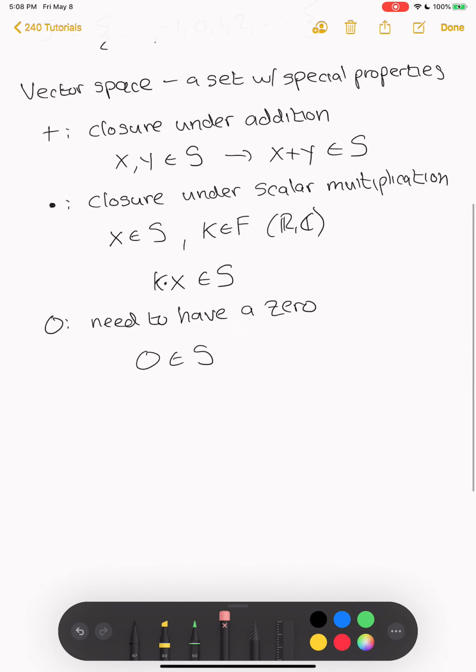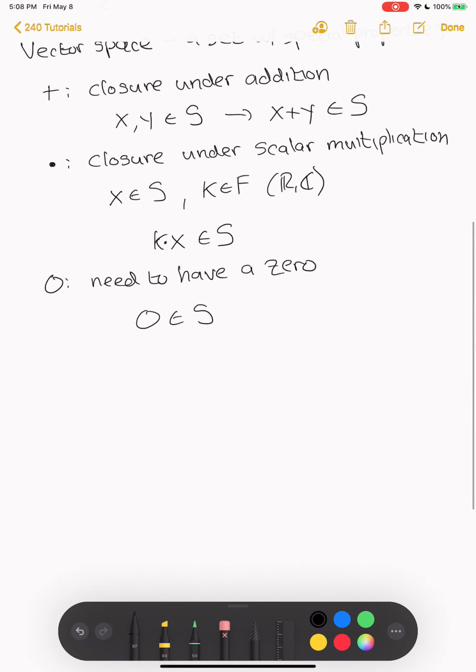Okay, so we have these special properties here, just as some examples of vector spaces. We have the real numbers. So the number line, for instance, I can pretty much convince myself that I'm not going anywhere if I add stuff up or multiply. And I know 0 is a real number, so that passes that check. One we often use in Math 240 is polynomials of degree less than or equal to n.